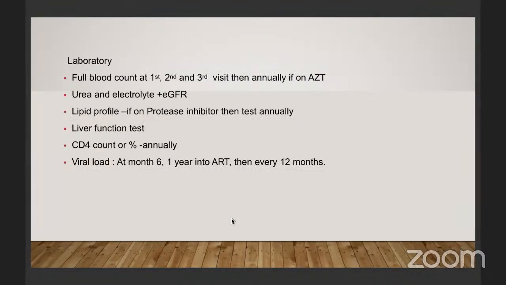So our lab investigations for a patient that has just tested positive, we'd like to do a full blood count at the first, second, and third visit, then annually, if on AZT, a urea and electrolytes and an estimated GFR, lipid profile if on protease inhibitor, then test annually, a liver function test, a CD4 count and percentage of it, and then we do that as an annual test as well thereafter.